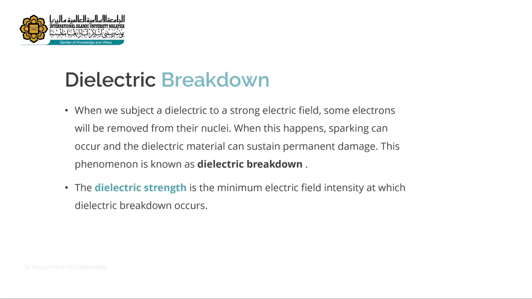This phenomenon is known as dielectric breakdown. That's why it is important for us to identify the dielectric strength, which is the minimum electric field intensity at which the dielectric breakdown would occur.